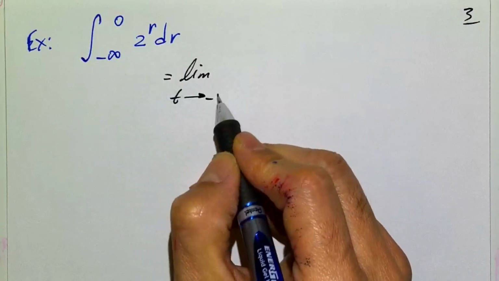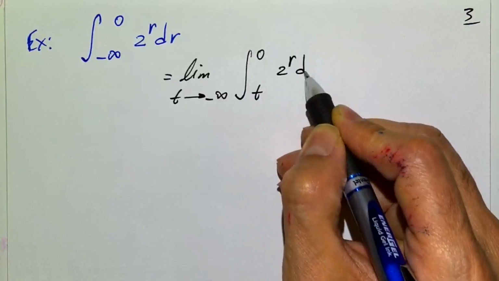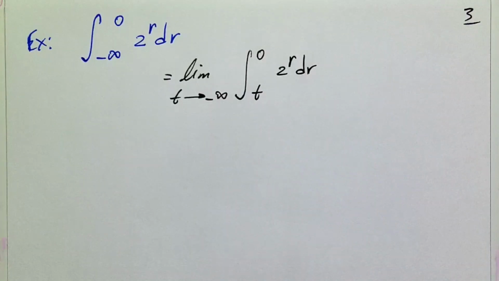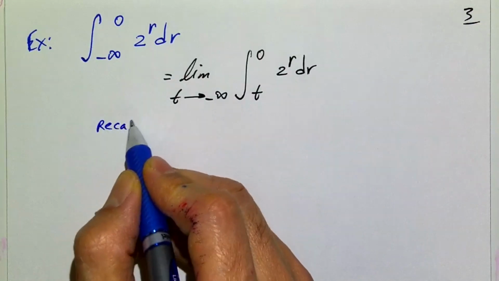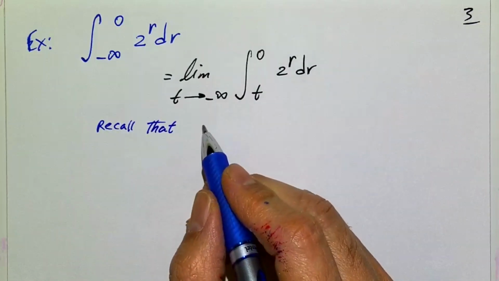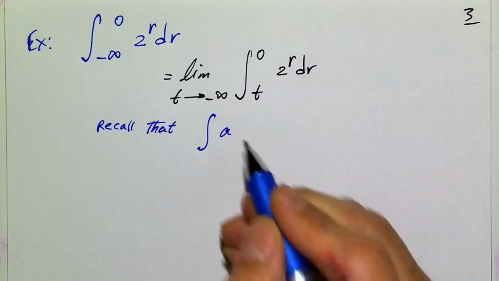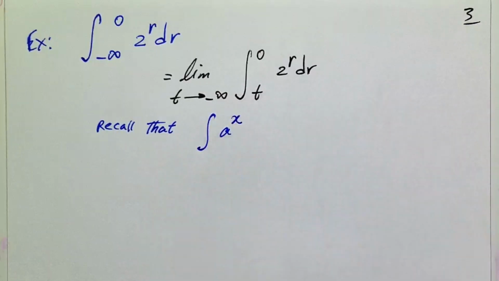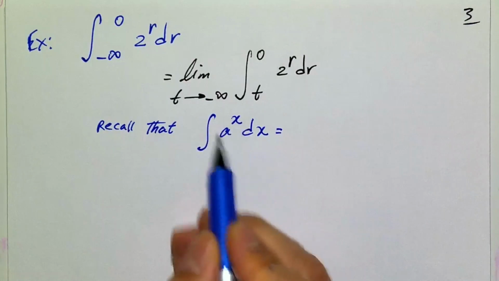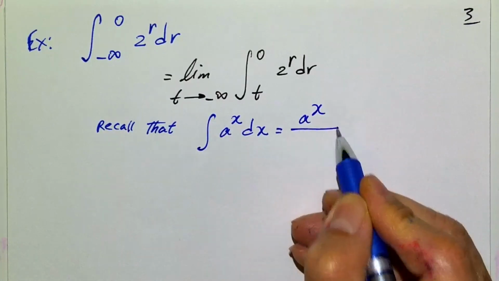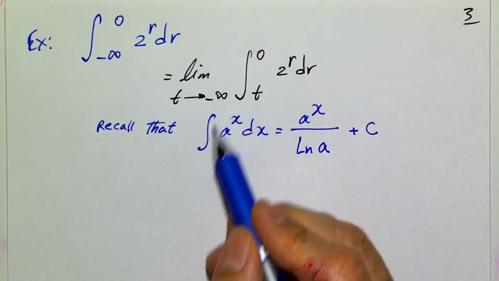So the limit as t goes to negative infinity of the integral from t to 0 of 2 to the r dr. Recall that we had a formula: the integral of a basic exponential function a to the x dx is equal to a to the x divided by the natural log of the base, plus c if it's an indefinite integral.